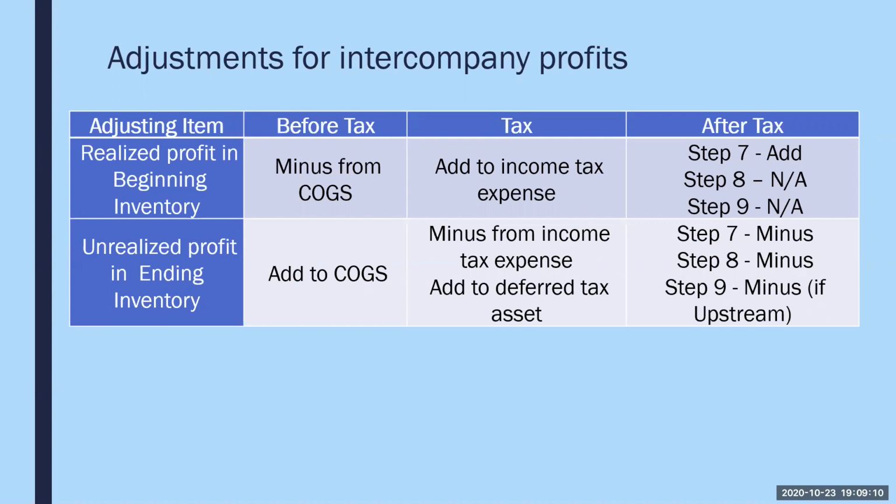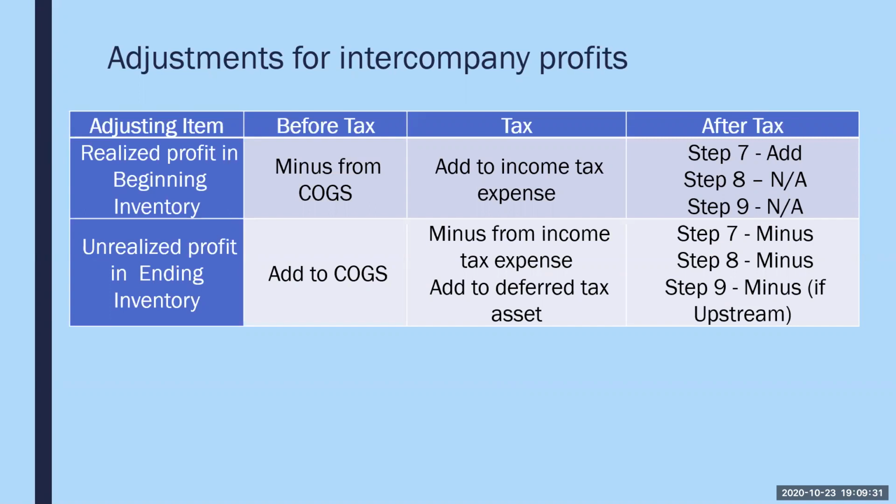However, because of the fact that the company that sold the inventory, so if it was a downstream transaction, it would be the parent company. If it were an upstream transaction, it would be the subsidiary company. Whichever company had originally sold the inventory will have paid income taxes on the amount of the profit.